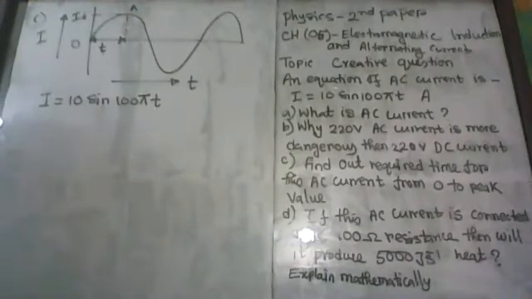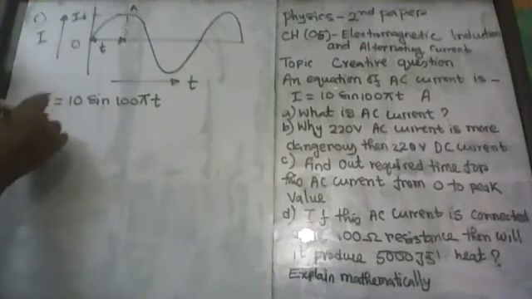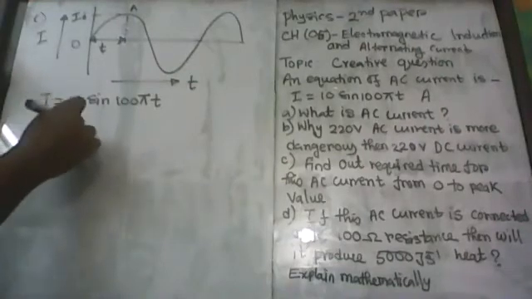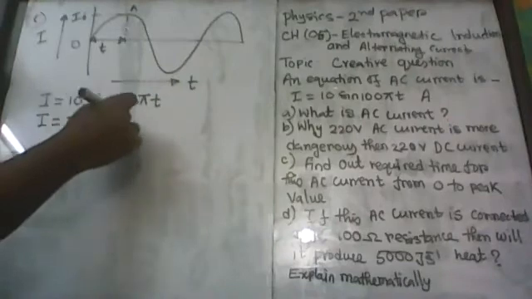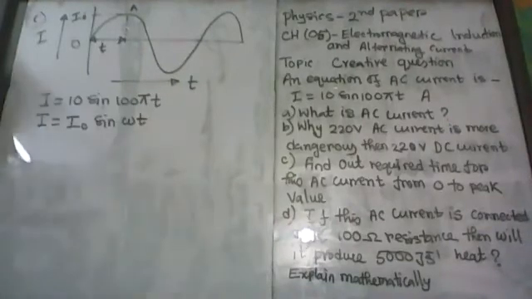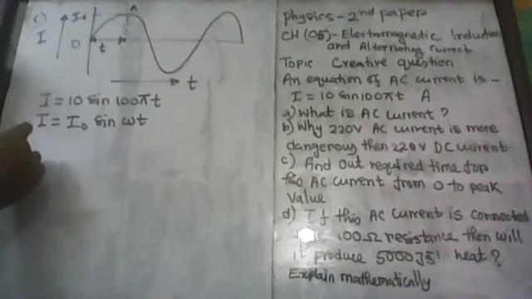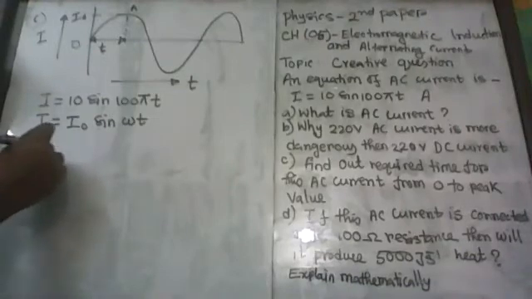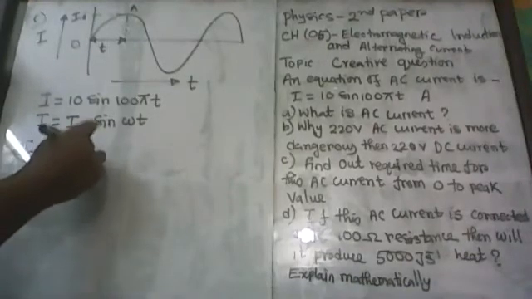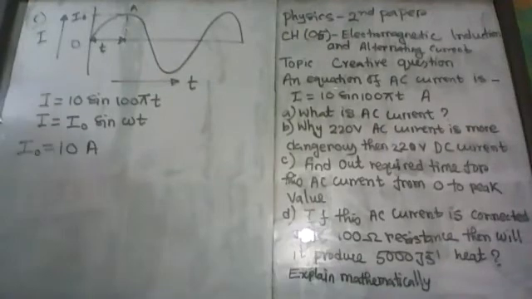The standard equation is I equal to I naught sine omega T. Now, what is the value of I naught? If you compare these two equations, you can say that I naught equals 10 ampere.